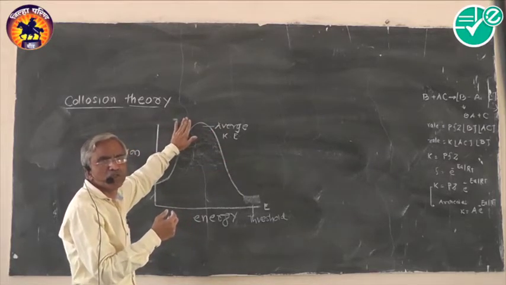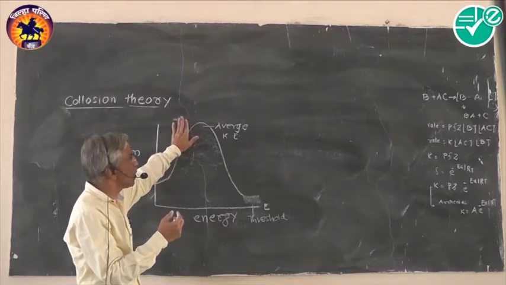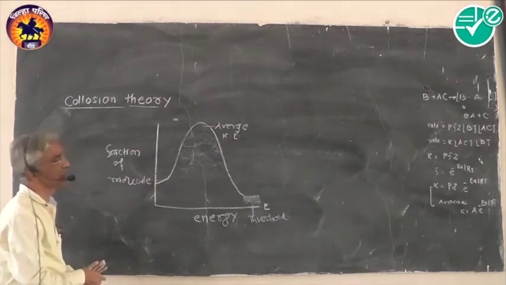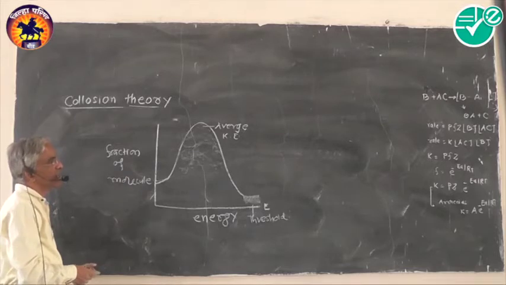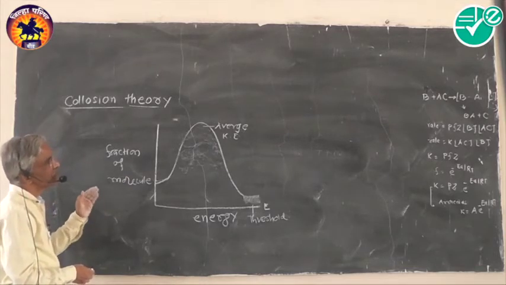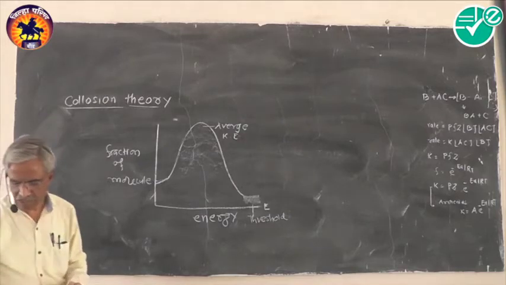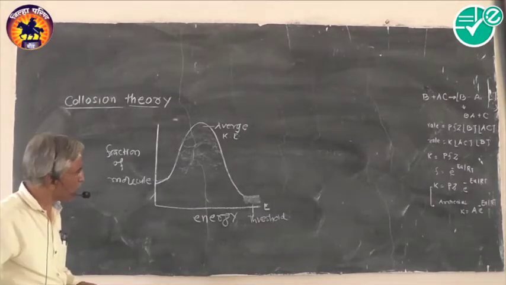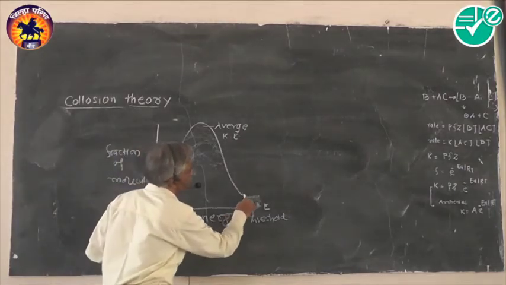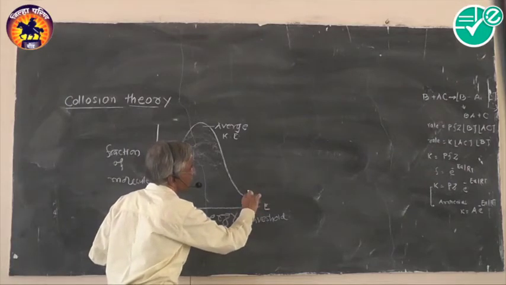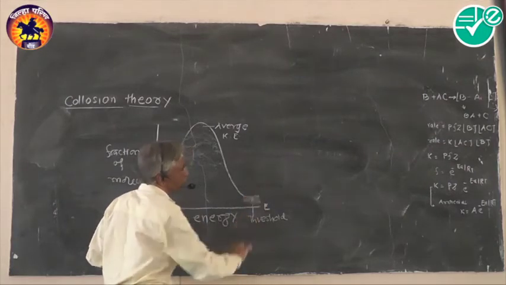Like that, Boltzmann has given a distribution of molecules with an average kinetic energy. Now what happens with a temperature increase, with an increase in average kinetic energy? This is the shaded part, and this is the threshold energy.